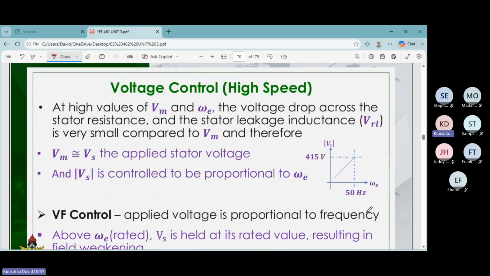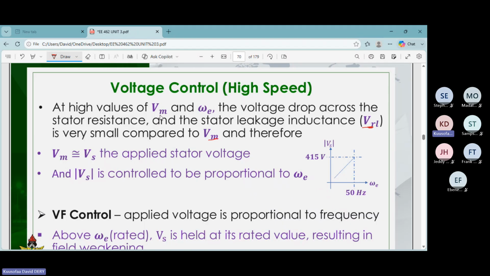So at high values of Im and omega E, the voltage drop across the stator resistance and the leakage inductance, which is given by this VRL, is very small compared to Vm, and therefore we can assume that Vm is almost the same as the supply voltage, right?